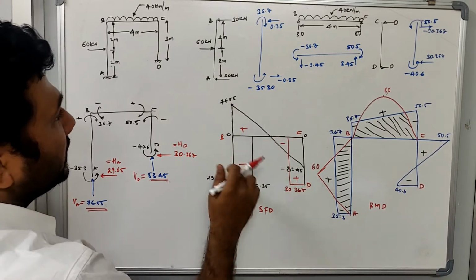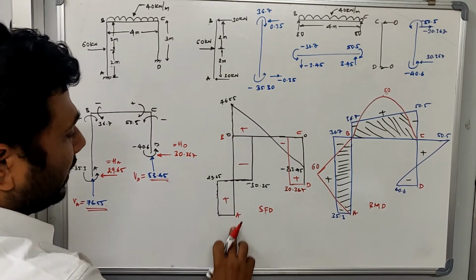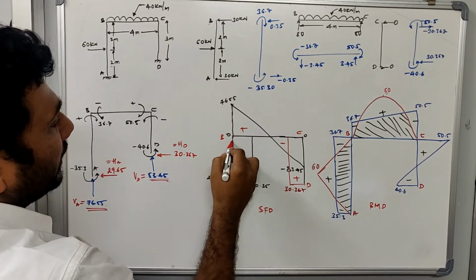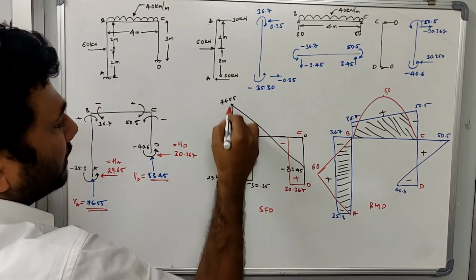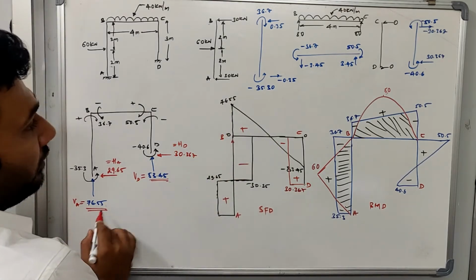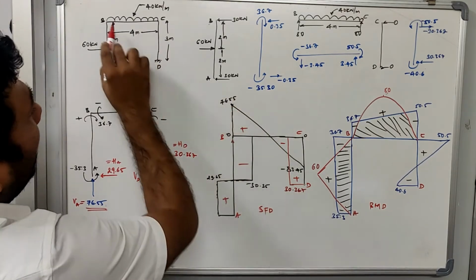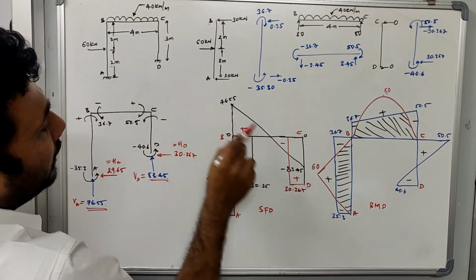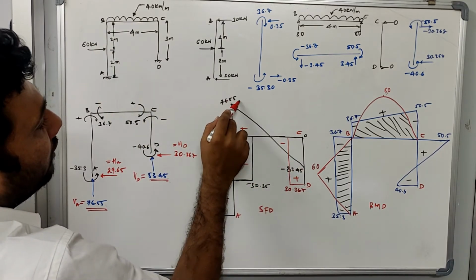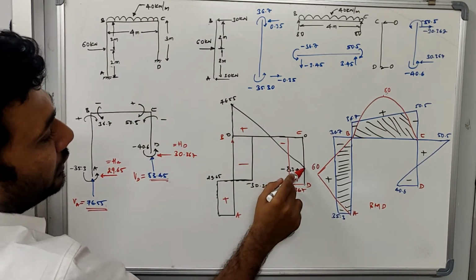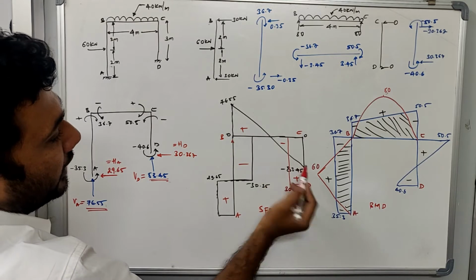Now we can go for member BC. For member BC, we know the vertical reaction at A, and whatever the vertical reaction is, that will be applied here. So here the shear force will be equal to 76.55, and as you know, this is UDL, so the shear force will vary linearly. Henceforth 76.55 minus 40 into 4 will give you minus 83.5.